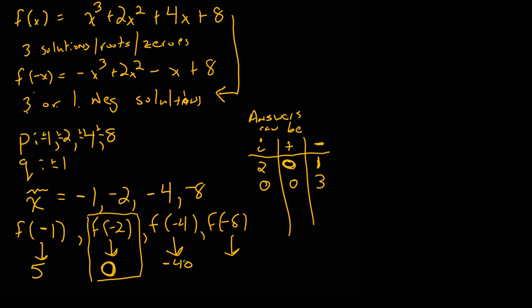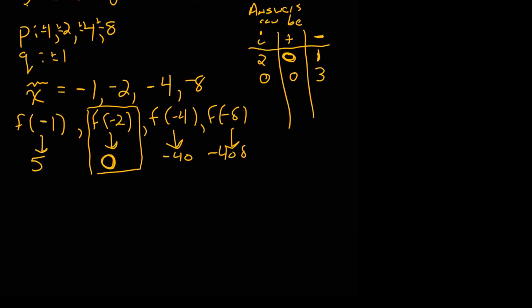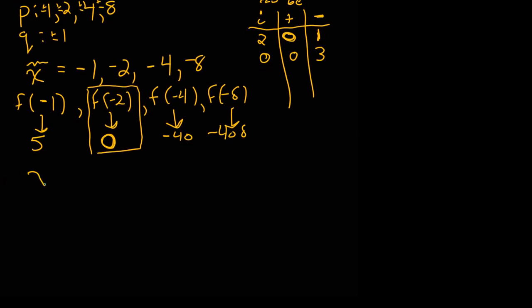Negative 8. Yeah, this gives negative 408. So I only have one negative real solution that's rational. And that's telling me x equals negative 2.